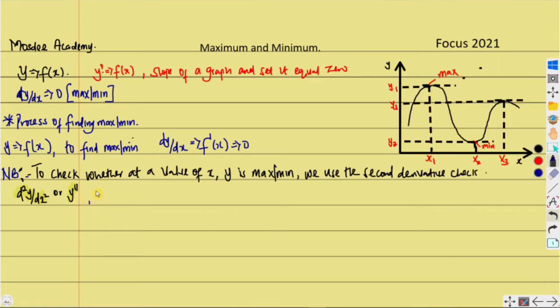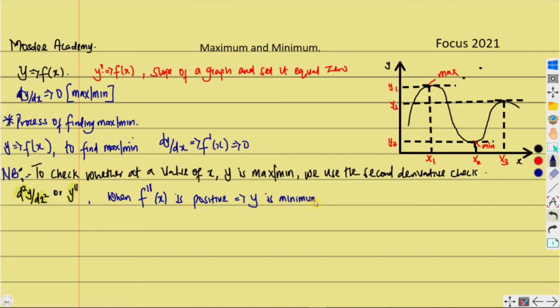So if the point is maximum, what you do is this, guys, watch. After double differentiation, you are having a positive value. So let me just write that down. When the function of x is differentiated twice, and the answer is positive, that means y is minimum.